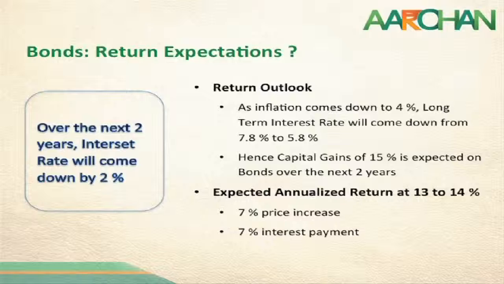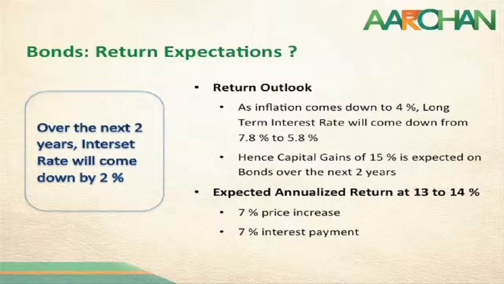For the return over the next 2 years, interest rates are very likely to come down by about 2%, to say about 6%. The long-term interest rates, which are around 7.7, 7.8%, will come down to about 5.8%. This will give a capital gain of about 15% on long duration bonds over the next 2 years.